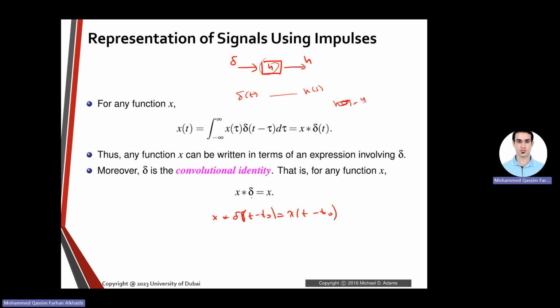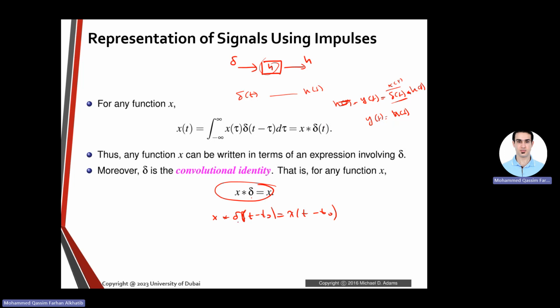Sorry, the output y of t will equal delta of t, which is the input, x of t convolved with h of t. So we have the special property: anything convolved with delta is going to be that same thing. So in this case, y of t equals h of t.